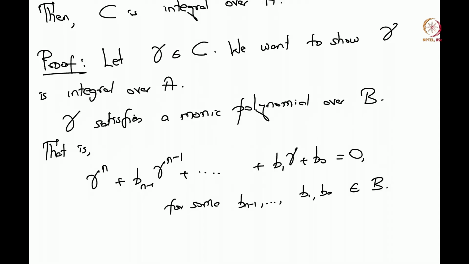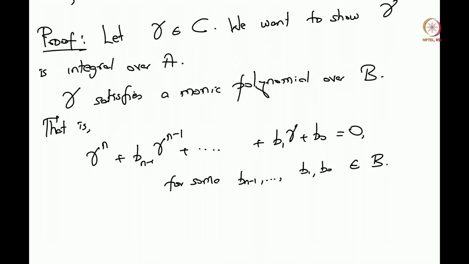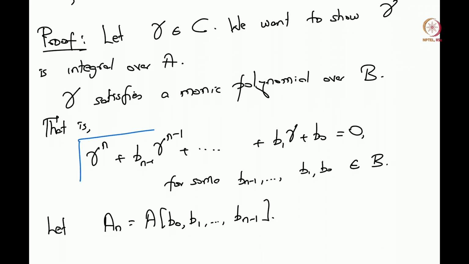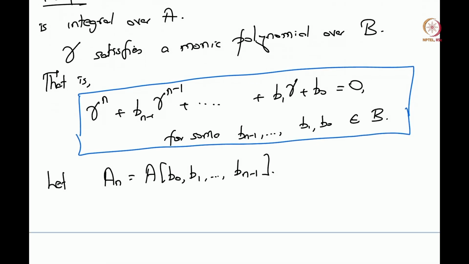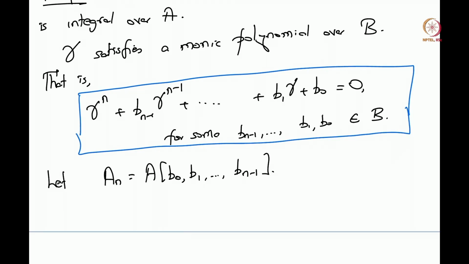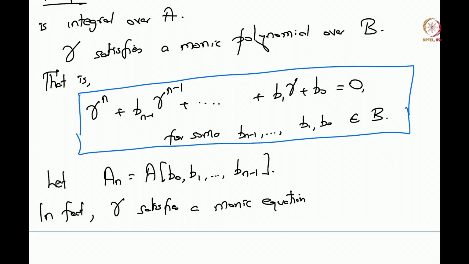Now instead of considering the whole ring B, let's just consider a subring of B with these coefficients: A adjoin b_0, b_1 up to b_{n-1}. What this equation in this blue box tells us is that in fact gamma satisfies a monic equation over A_n.